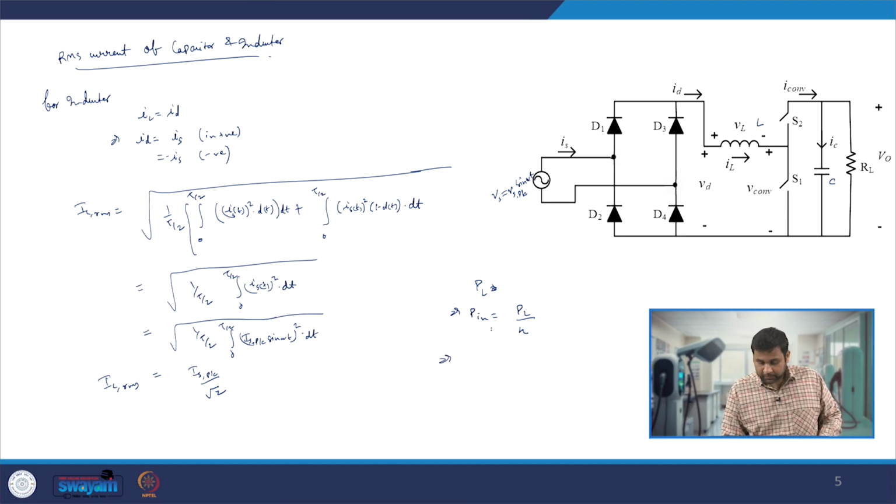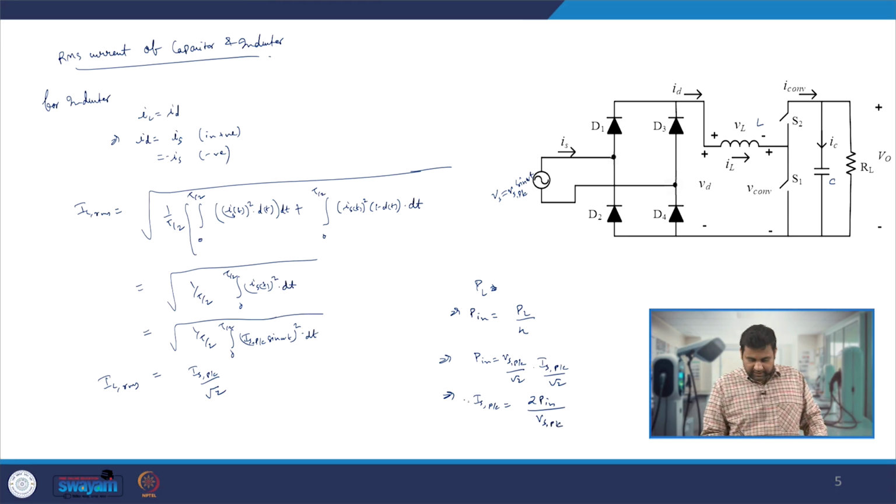We already know P in is nothing but Vs peak by root 2 times Is peak by root 2, and thus we can easily calculate Is peak, which is nothing but 2 times P input divided by Vs peak.